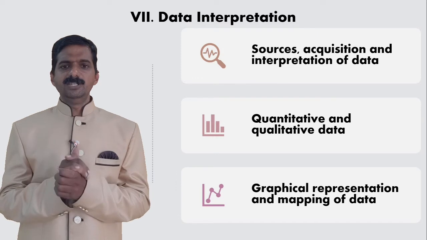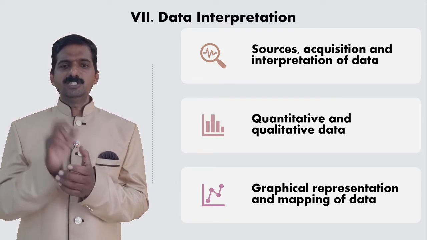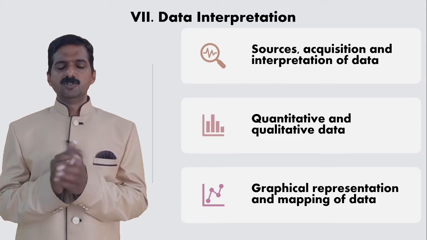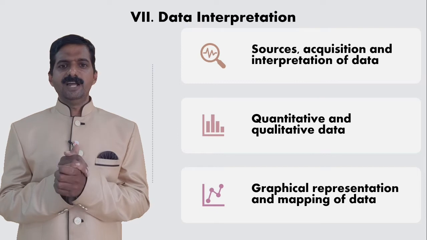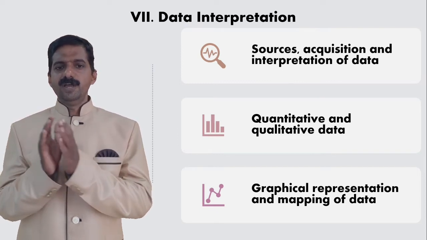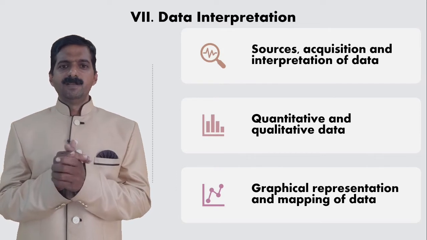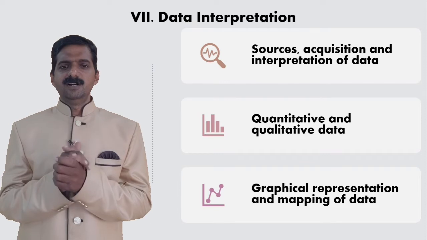While teaching, a teacher must have knowledge of data interpretation. So various types of sources, acquisition and interpretation of data, as well as difference between quantitative and qualitative data, graphical representation and mapping of data are there under this unit.